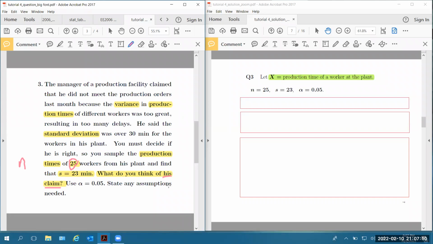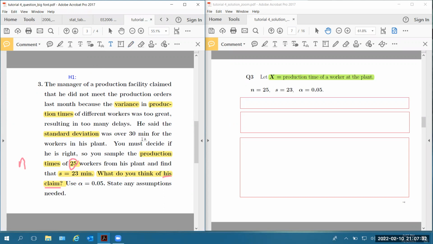So what you can do is test the manager's claim. You want to test the manager's claim, which means that your H1 is the manager's claim.